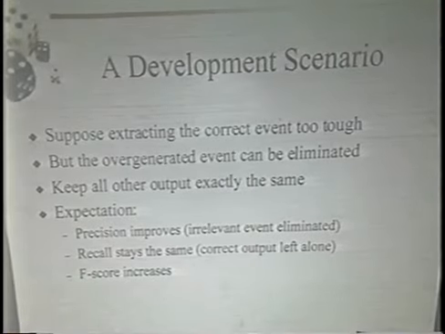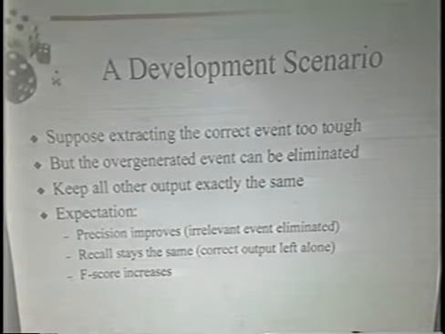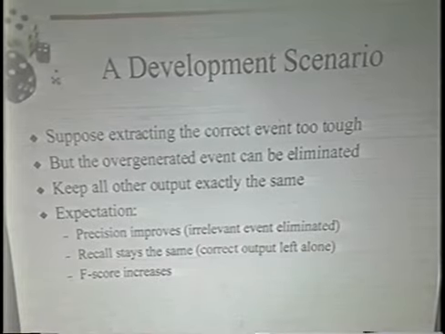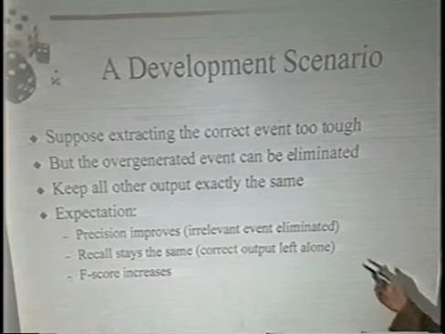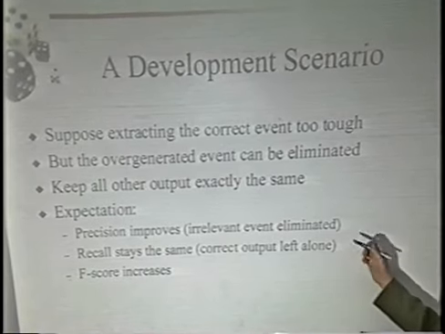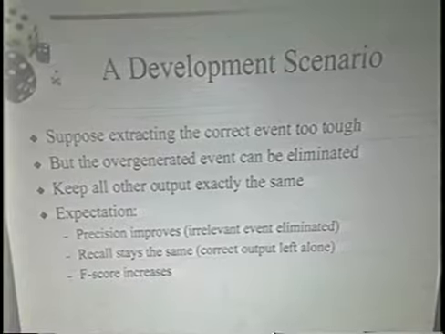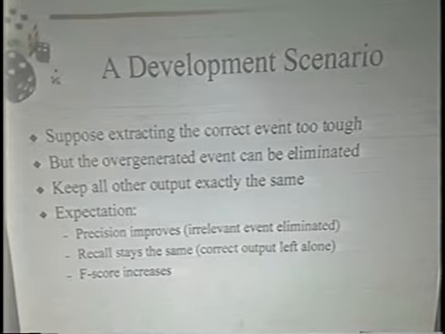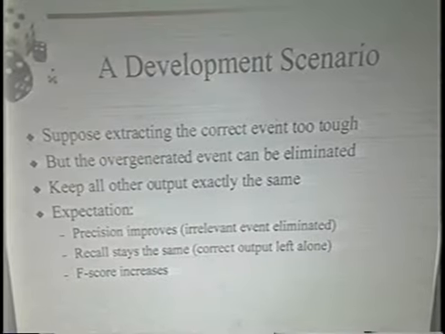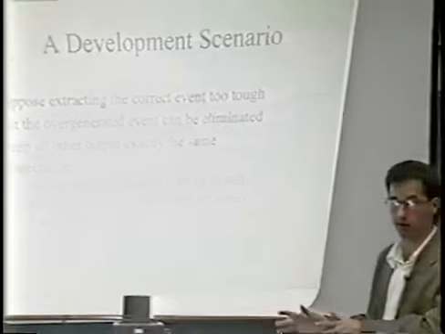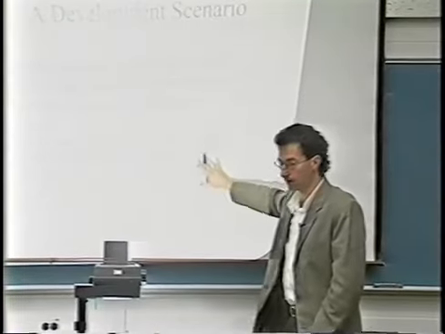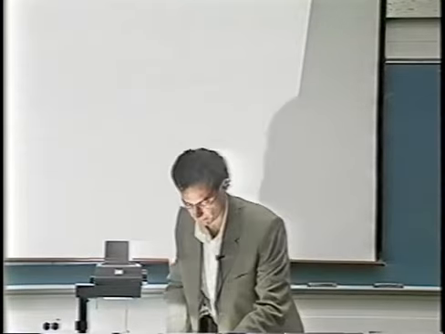Now, usually, what happens if you do nothing to your system except get rid of irrelevant garbage, you expect your precision to improve and your recall to stay the same. Right? So imagine in an information retrieval setting, if you made a change that did nothing but take some irrelevant documents that you were previously saying were relevant and now correctly categorize them as irrelevant, this is what would happen and your F-score would go up.